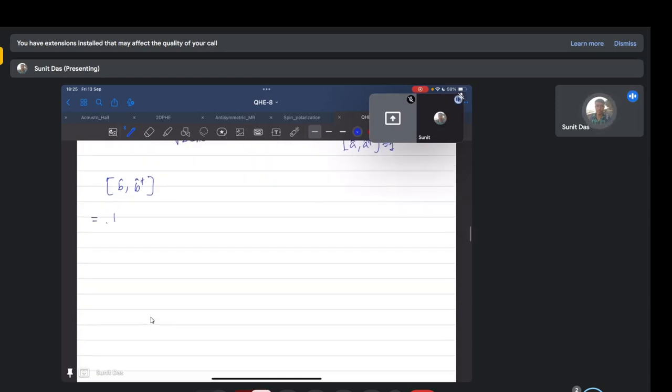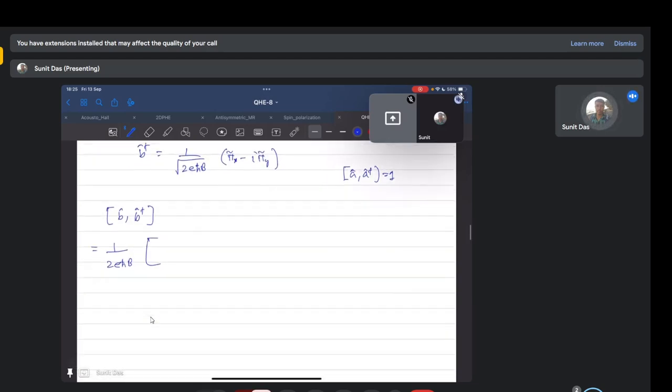So this means we'll have 1 over 2eħB, and then we have (π_x plus iπ_y), all tilde, commutated with (π_x minus iπ_y).